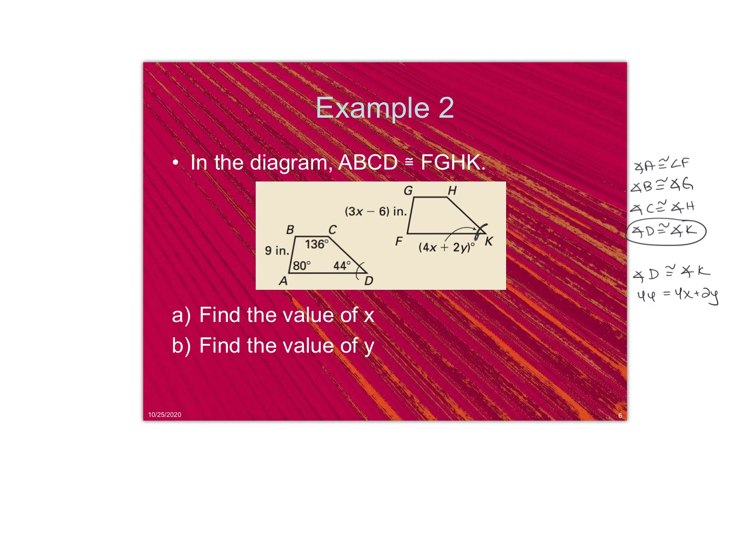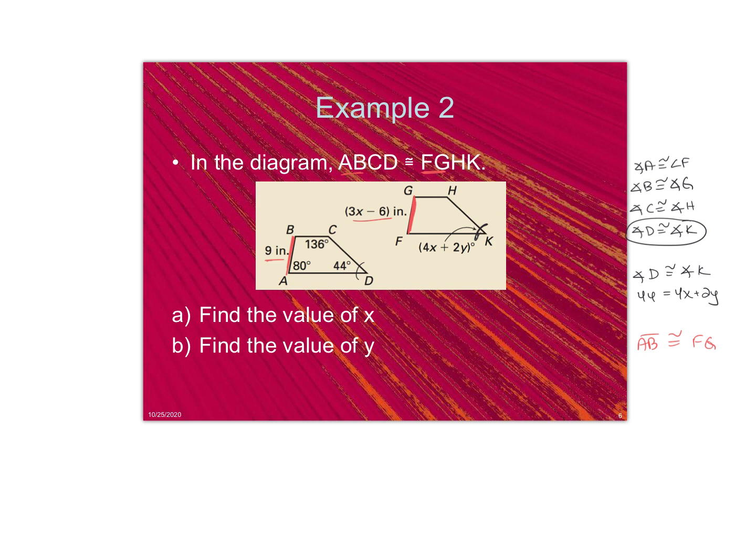So what else am I given in this problem? Well, I'm given these side lengths. They gave me the value of GF, and I know that GF, or FG, corresponds with AB, which is 9 inches. So side length AB is congruent to side length FG.